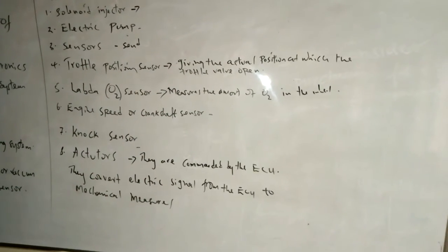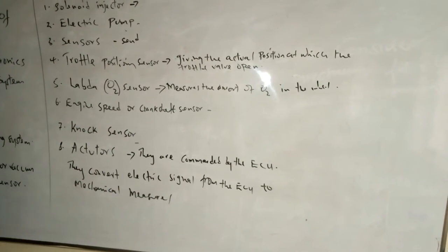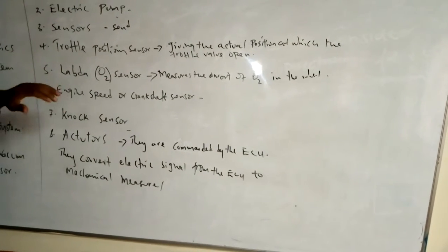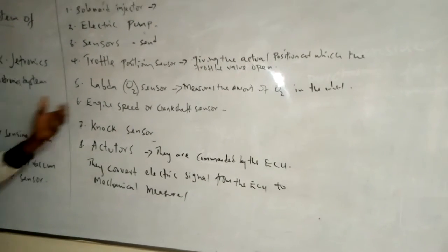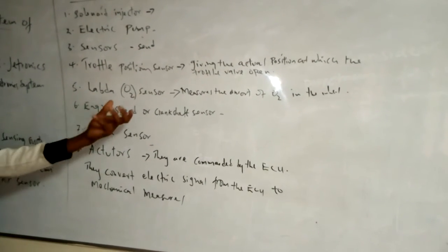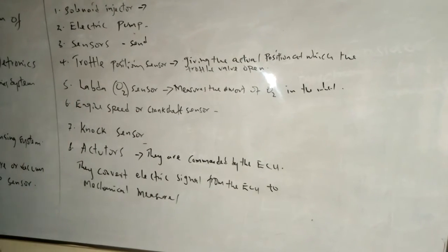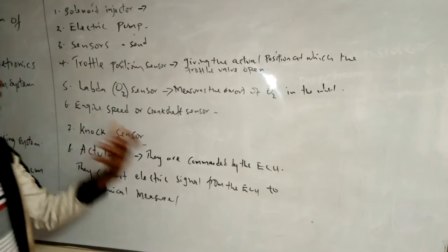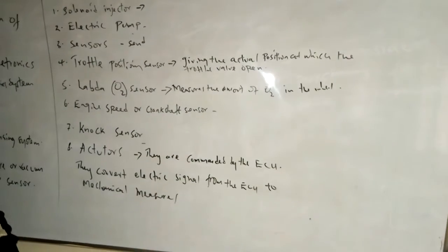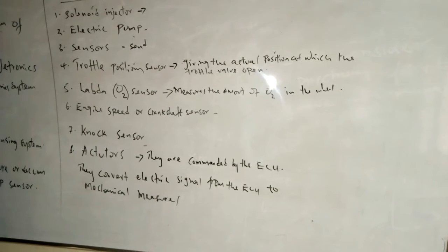Then it will be able to put more fuel or petrol in the combustion chamber. Now we have number five, the lambda sensor, or oxygen sensor. It measures the amount of oxygen entering the combustion chamber.